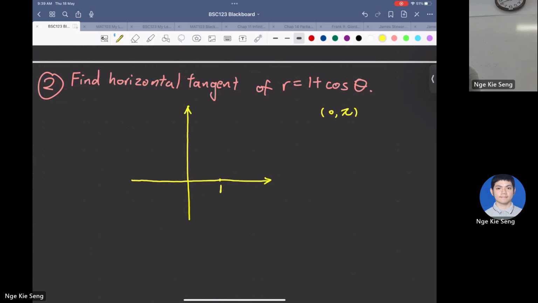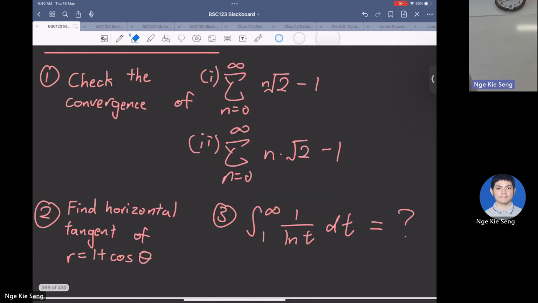Okay. Oh, maybe I don't know. Undo. Or you want to change pen? Yes, I change pen.